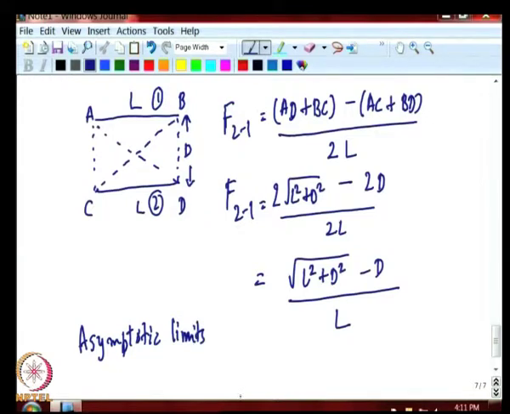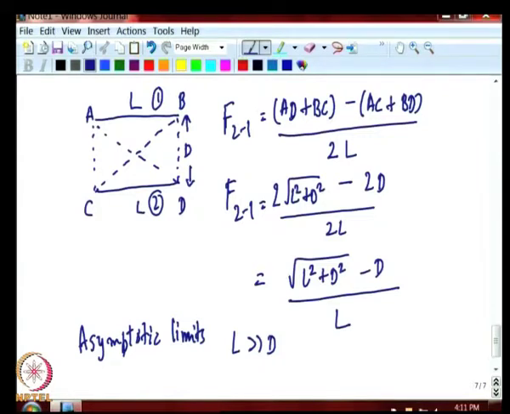What are the asymptotic limits? One is L much greater than D. The length L is much larger than D. All of you can see that as the gap between the two plates becomes smaller and smaller, not much of the radiation will escape through the sides, and hence the shape factor F21 must tend to 1.